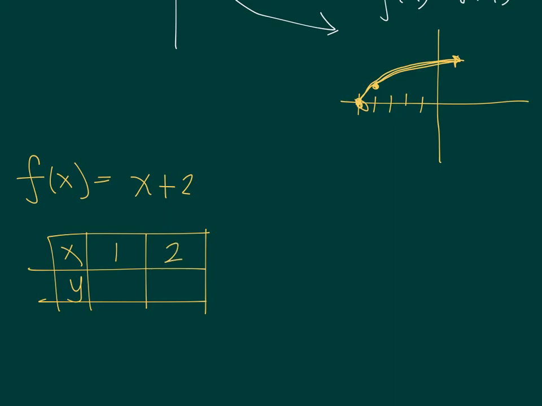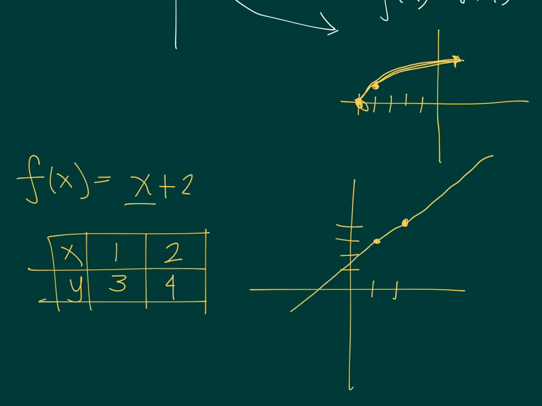You can even use x equals 0 and 1, but just to use other numbers, let's use 1 and 2. So when x is 1, it's 1 plus 2 or 3. When x is 2, it's 2 plus 2 is 4. So graphing this, when x is 1, the y is at 3. When x is 2, the y is at 4. This is a linear function, so connecting the 2 points will give you the line, and that's it.